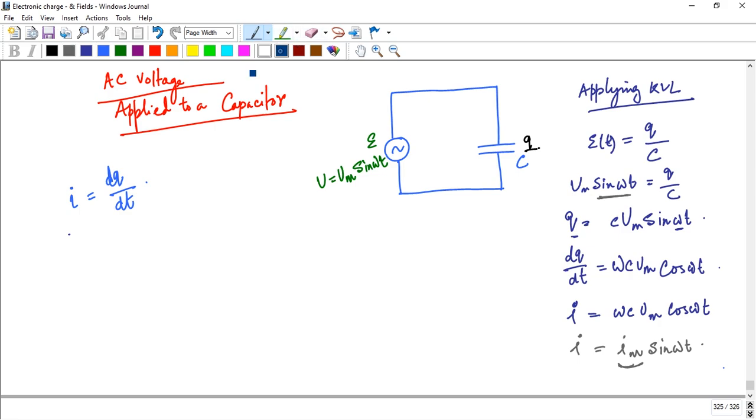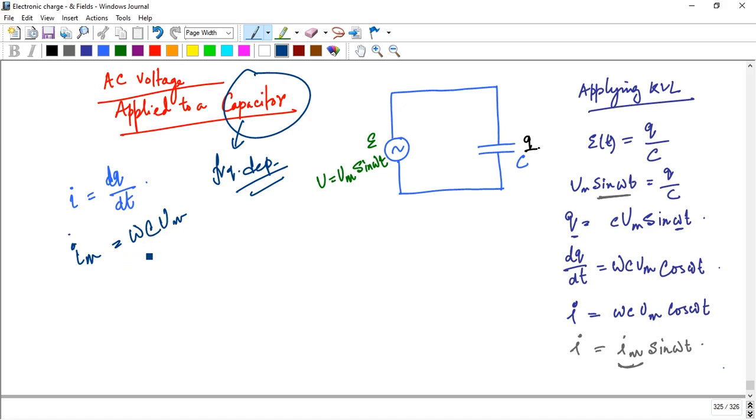So the maximum current Im equals omega, the frequency, times C, the capacitance, times Vm, the maximum voltage. The capacitor is a passive device but frequency dependent, like an inductor.